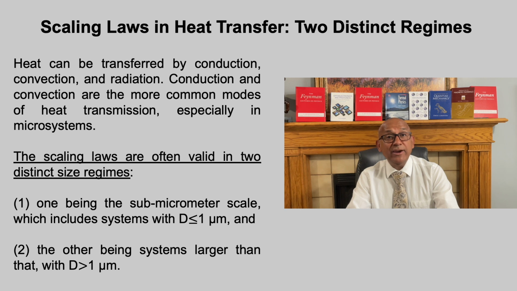At the sub-micrometer scale, where the characteristic dimension d is less than or equal to 1 micrometer, heat transfer is often strongly influenced by surface effects and size-dependent phenomena. For larger systems with d greater than 1 micrometer, traditional bulk heat transfer models remain accurate. So depending on whether we are looking at nanoscale devices or larger microsystems, the scaling rules for heat transfer can behave quite differently.